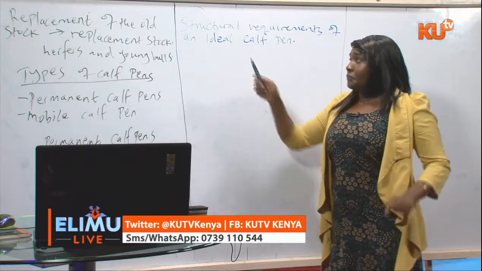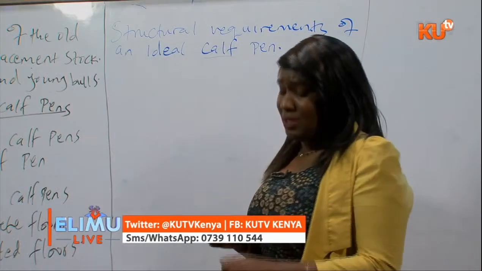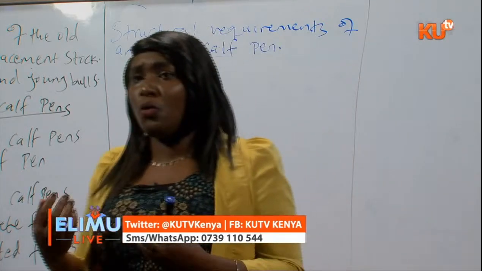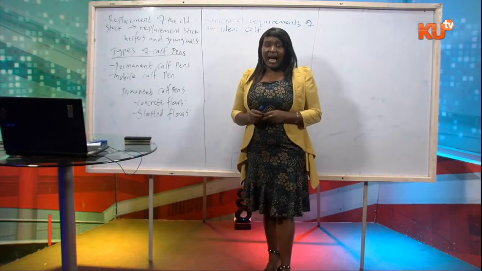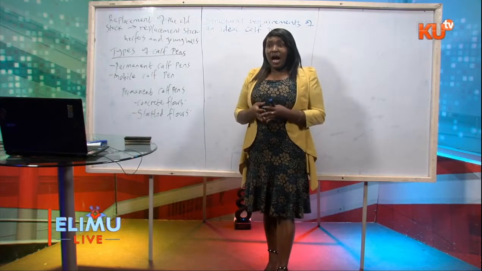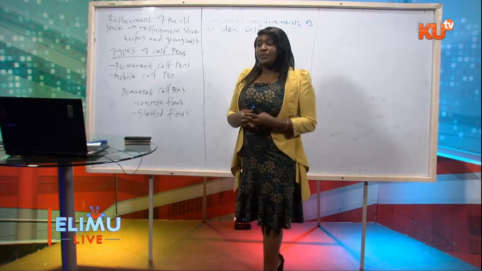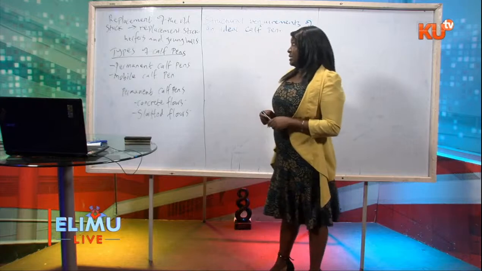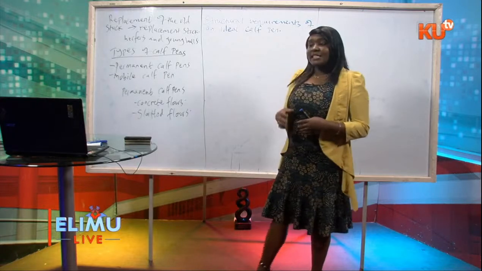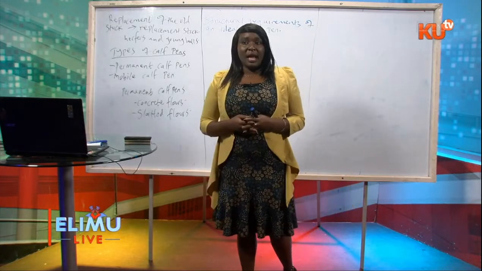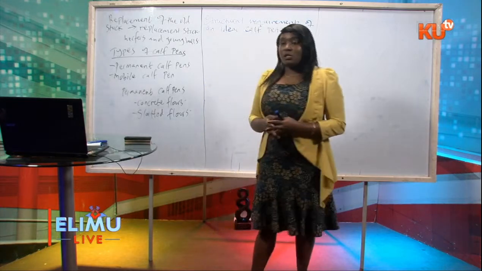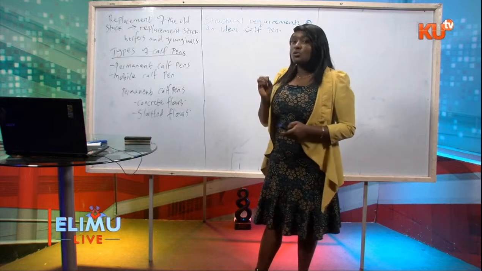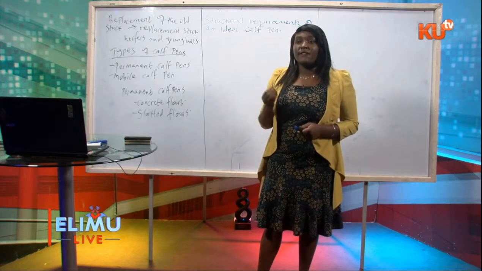Now, structural requirements. What do we require? What do we look for when we are trying to construct a calf pen? A calf pen that is going to serve our animals effectively and efficiently, that is going to boost growth and boost maturity of these animals, because we want these animals to reach service age very fast.